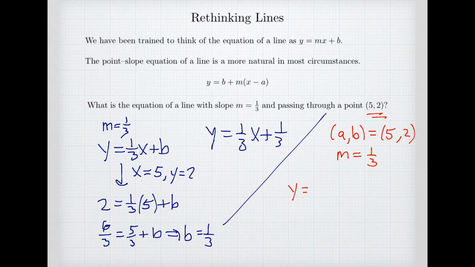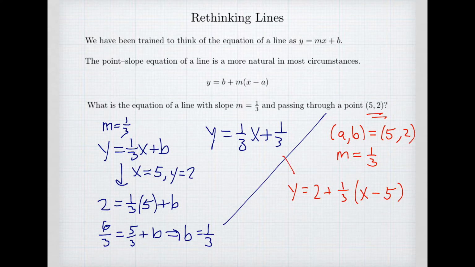So we're just taking the 2, we're adding the m times x minus my x value, and that's the 5, so x minus 5, and that's the equation. There's no solving. So y equals 2 plus a third times x minus 5.